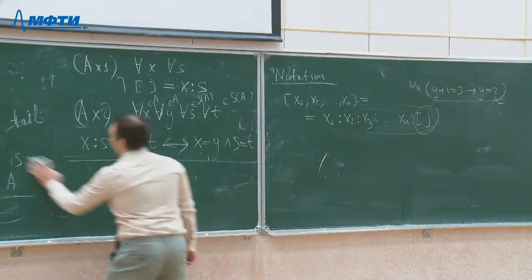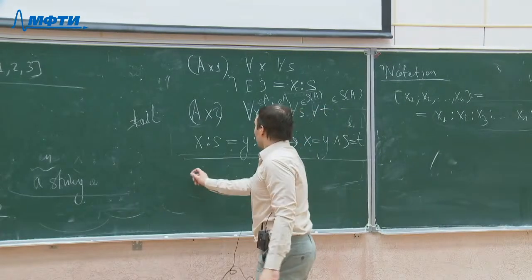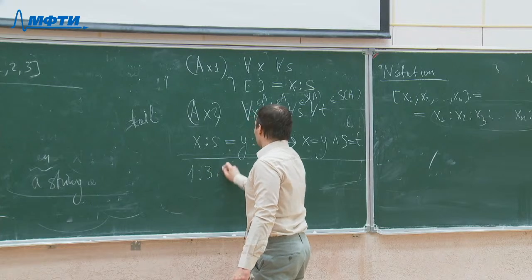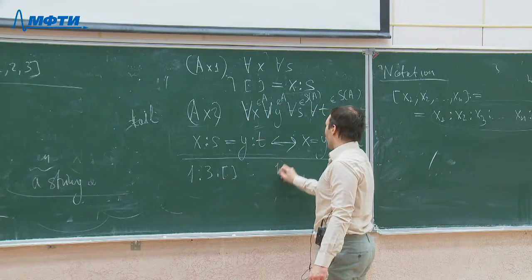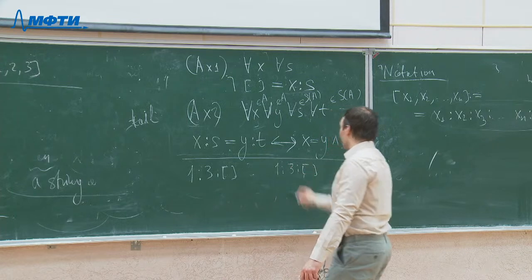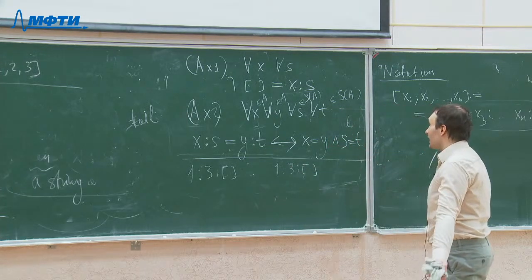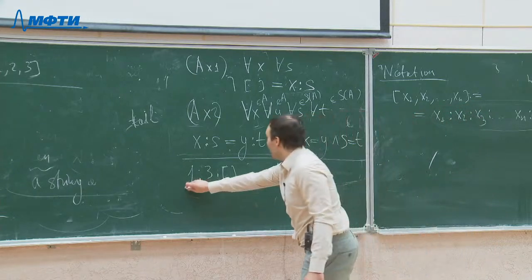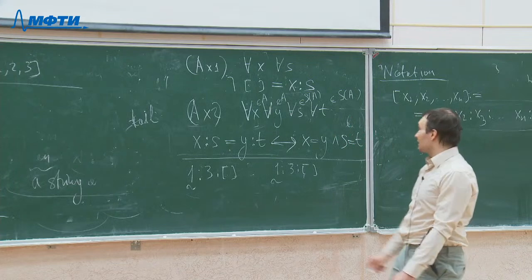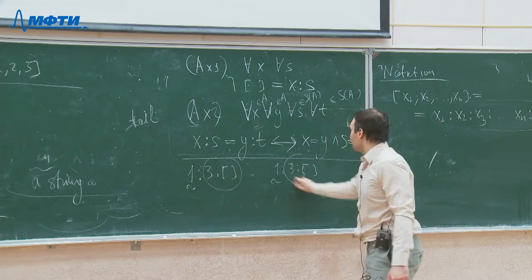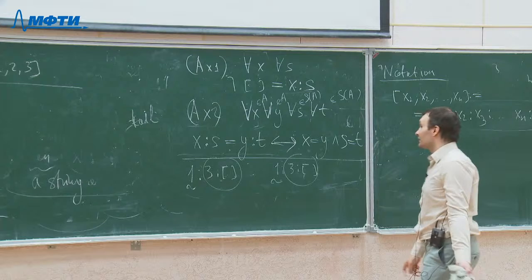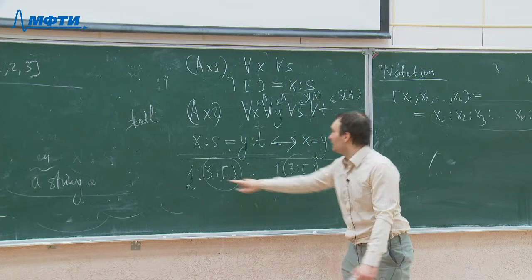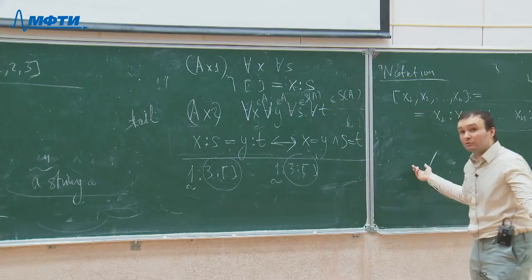But anyway, let's consider two strings. 1, 3, empty string, and 1, 3, empty string. Why do they equal each other? Because their first symbols, heads, are the same, and their tails are the same. Why are their tails the same? Because the heads of their tails are the same, and so on.